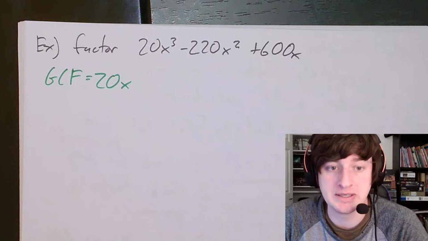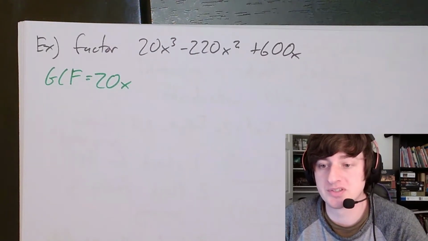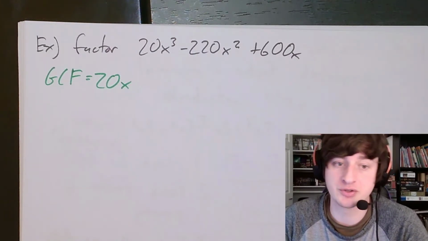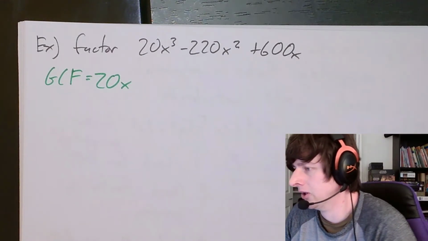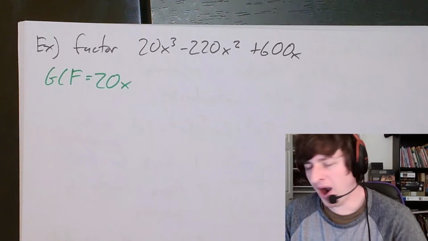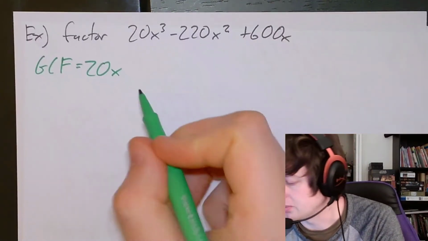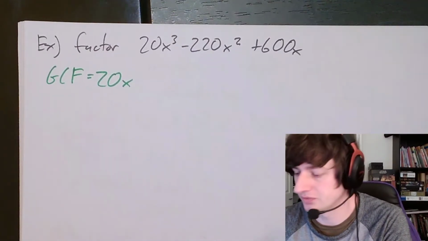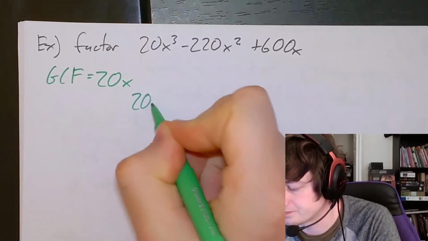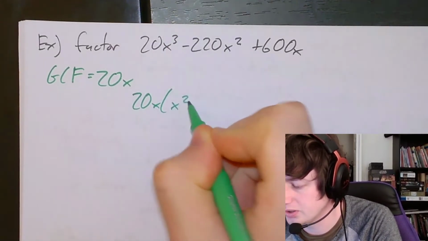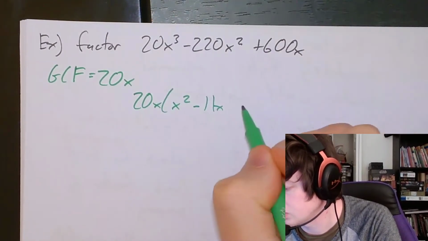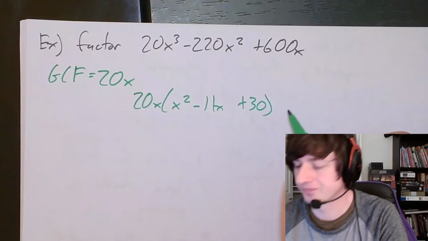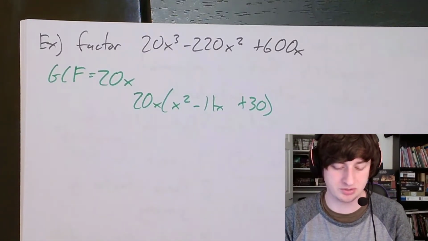But generally, if it's in standard form, probably the first coefficient and the last variable is going to tell us about the greatest common factor. Okay, so if we take a 20x out, we're left with x squared minus 11x plus a 30. 30 times 20 gives us the 600.